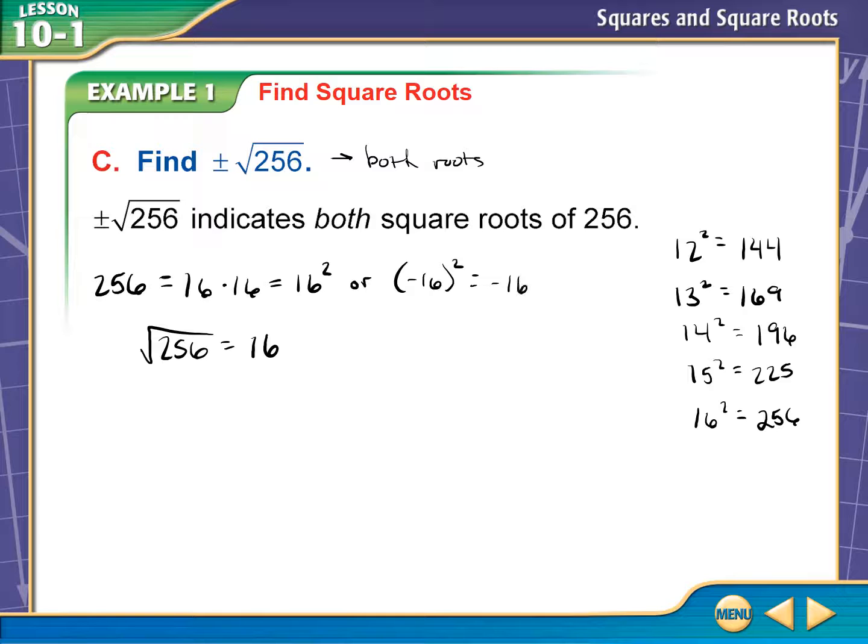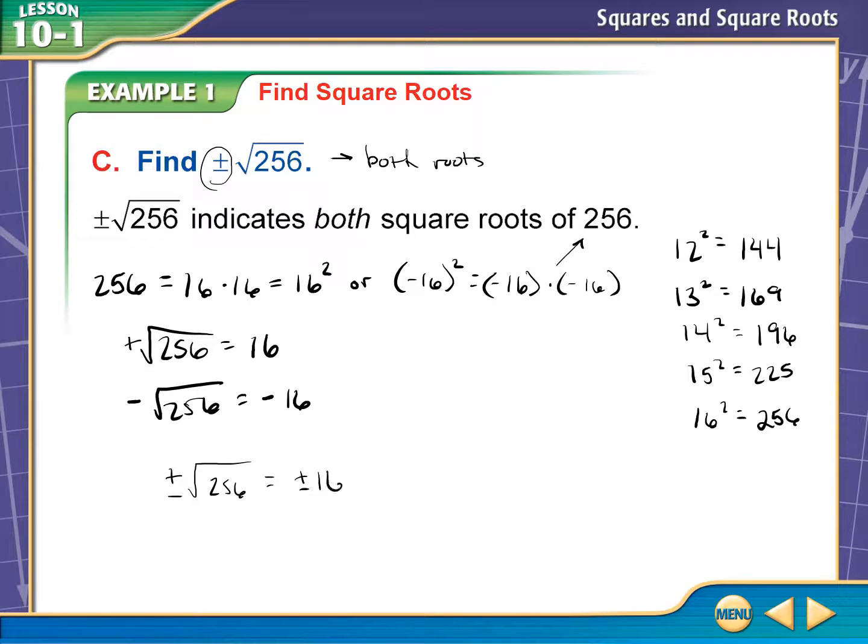Negative 16 times negative 16 would also give me positive 256. So the square root of 256, the positive root, is 16. The negative root of 256 would be negative 16. And what this symbol up here is telling me is that they want both of them. So the positive and negative roots of 256 are positive and negative 16.